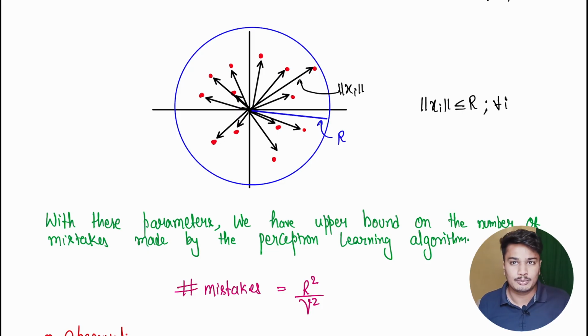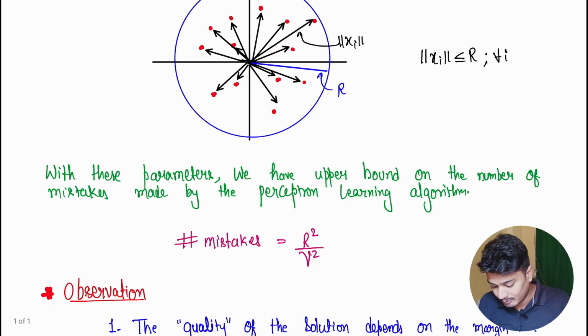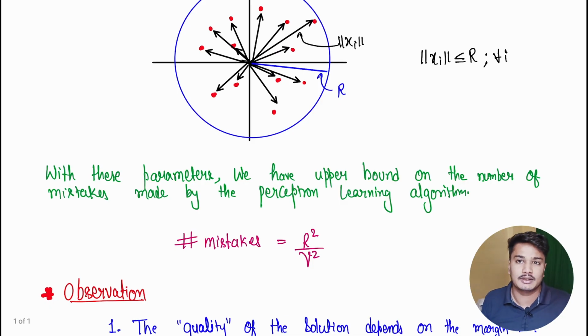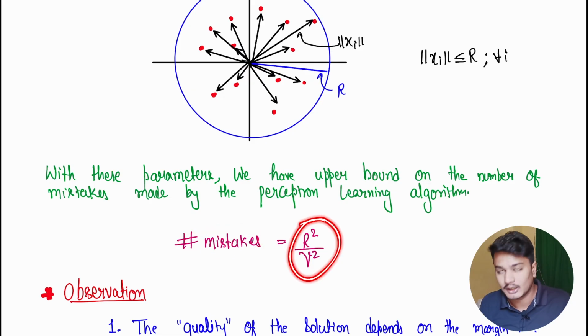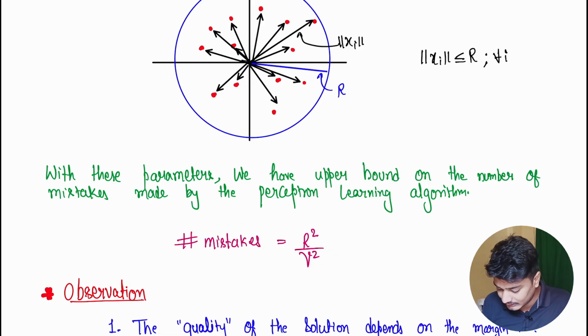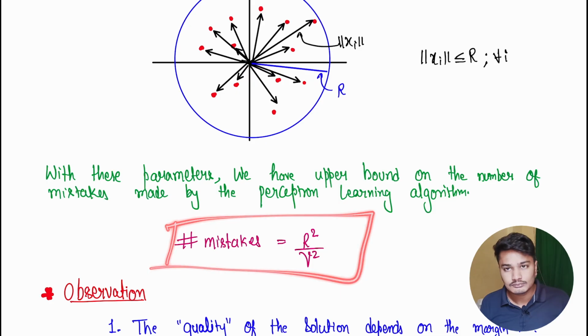So with these two parameters, we can bound our number of mistakes, that is, after a certain number of mistakes our algorithm converges. The number of mistakes is nothing but R squared upon gamma squared. So this is basically the upper bound.